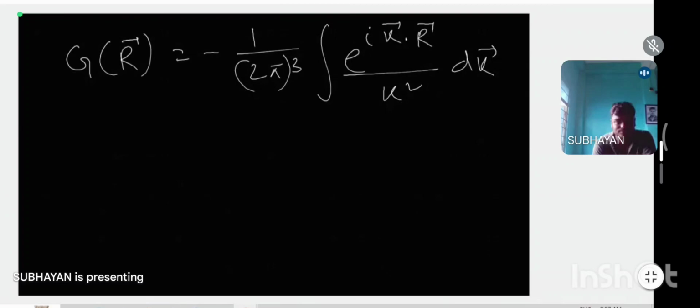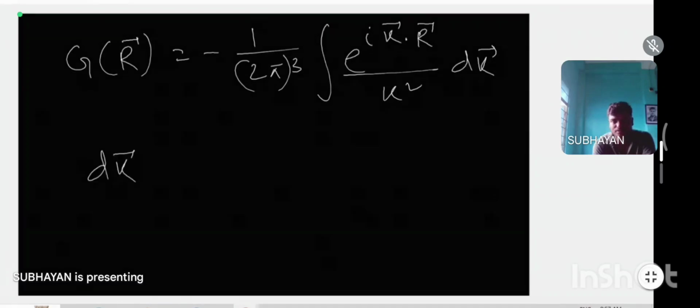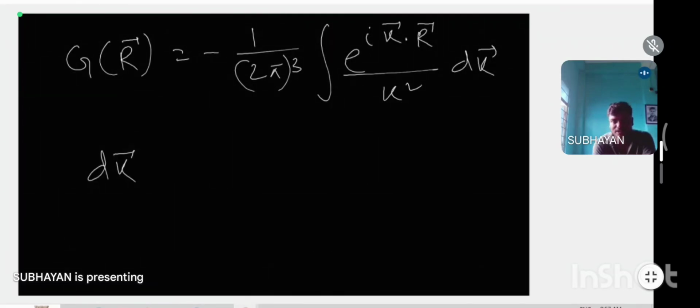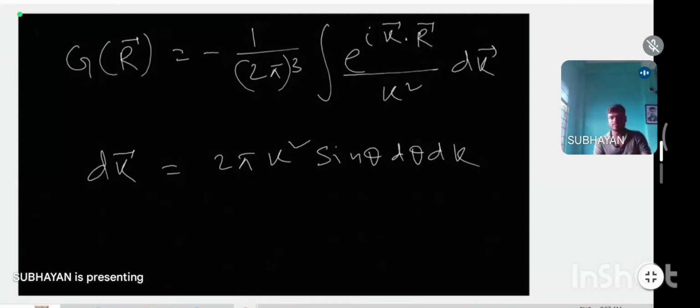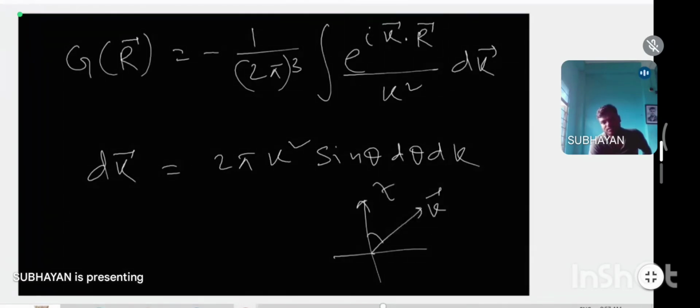Now what is d cube k? It is the volume element, which is 2 pi k square sin theta d theta dk. This is the volume element d cube k, and theta is the angle between the k vector and the z axis. This is the z axis and this is, suppose, the k vector. The angle between these two is theta.